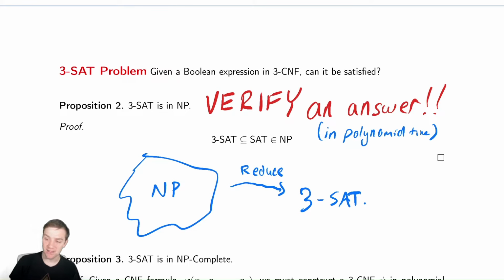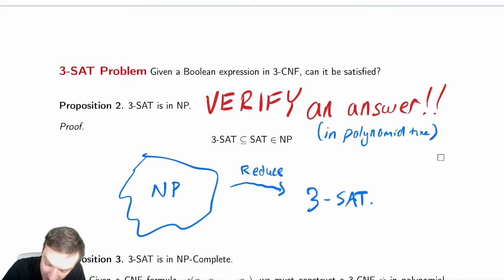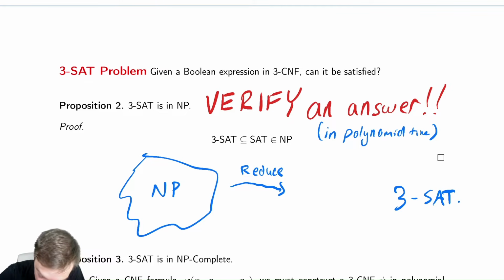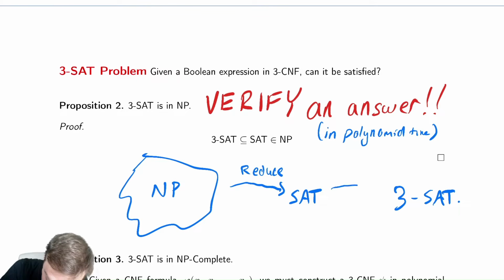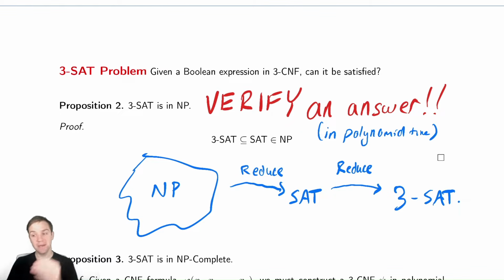Well, it's not obvious, but we do know one thing, which is I can take the following step. I can reduce any problem in NP to SAT because of Cook's theorem. We didn't prove it, but assuming that Cook's theorem is correct, which it is, we can make this reduction. Beyond that, if we can reduce SAT to 3SAT, then we can do this reduction.